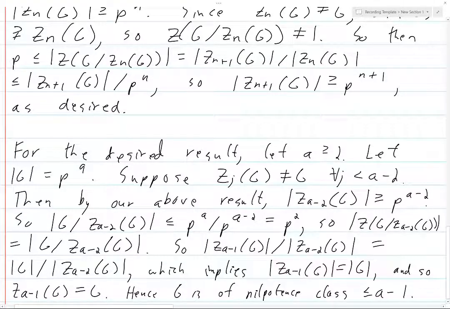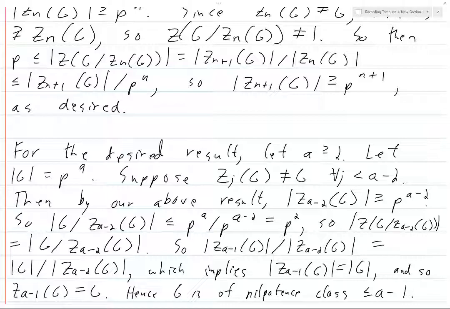And so you would say, well, for the case of a equals 2, let's suppose that Z_j G is not equal to G for all j strictly less than 0. Well, that's vacuously true, and so you can apply the above result. Well, if you don't like that vacuously true thing, then you can just look at the case of a equals 2.